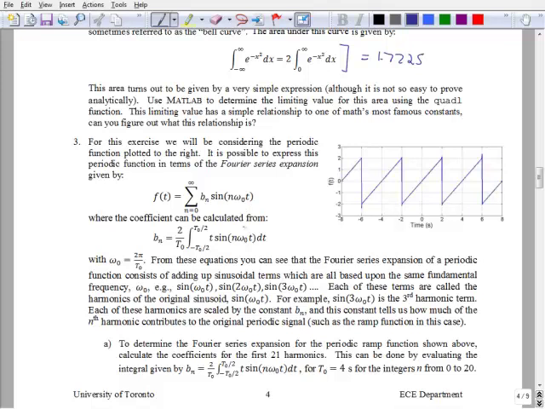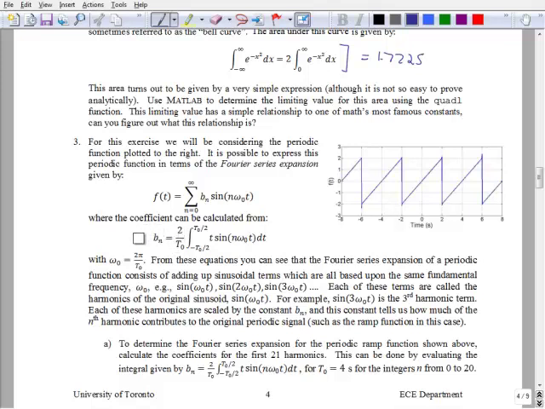And the coefficients of each of these sine waves, or each of these harmonics as they're called because they're all related to a single frequency, can be given by this integration. And so we can evaluate this integral for different values of n using this numeric integration approach.